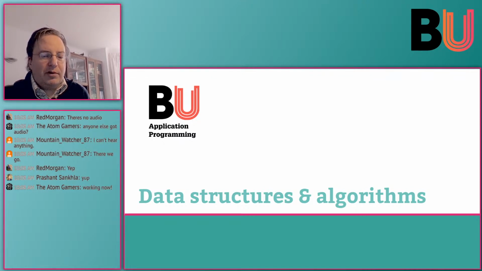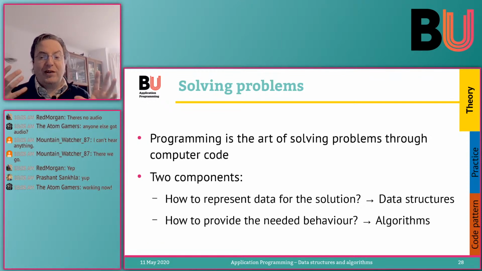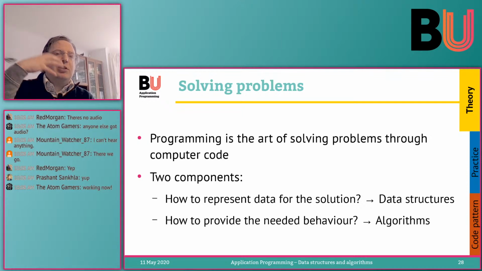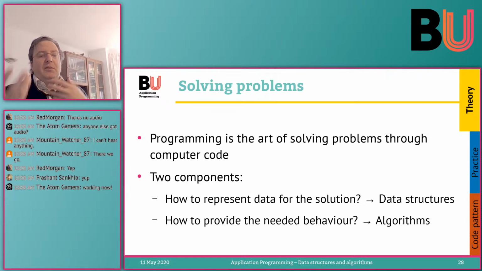Data structures and algorithms. So when we look at coding or programming, a key part of that is designing algorithms. It's about solving problems through computer code. And there are two parts of doing that. Generally you need to have some data to be able to actually keep track of where you are, what you are doing.